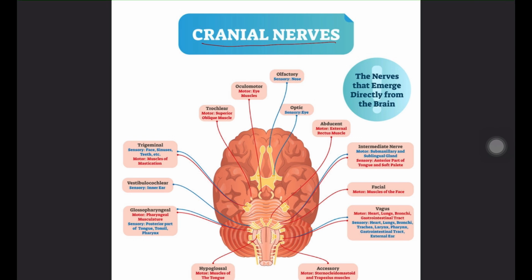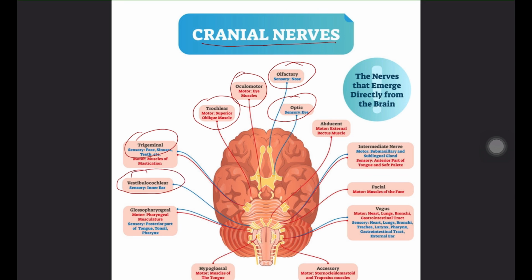So see, first is olfactory, optic, oculomotor, then trochlear, trigeminal, vestibulocochlear for the inner ear, glossopharyngeal for the posterior one-third part of the tongue, hypoglossal, then accessory, vagus, facial, and abducens. So, friends, these are the 12 cranial nerves.